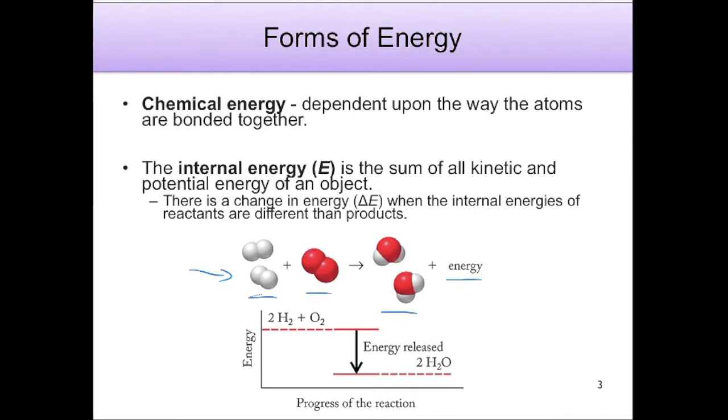So the reactants in this case have more energy than do the products, right? Because as the products are produced, they are releasing energy. So that means that the reactants had more energy to begin with. And that difference in energy here, the energy released, is going to be the difference in the internal energies of the products compared to the reactants.